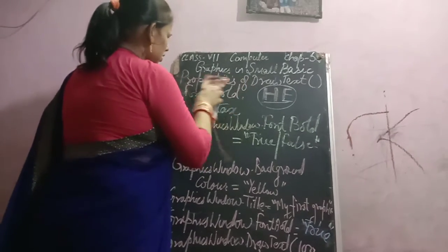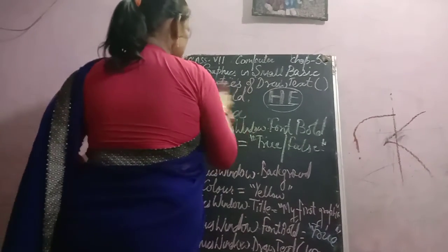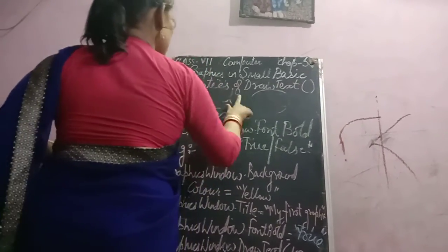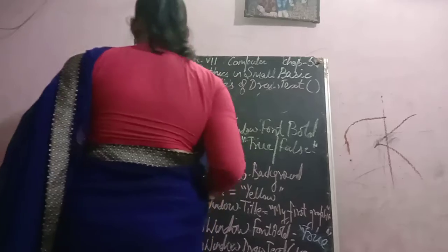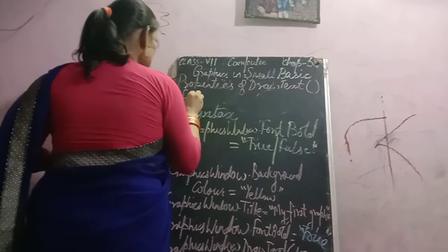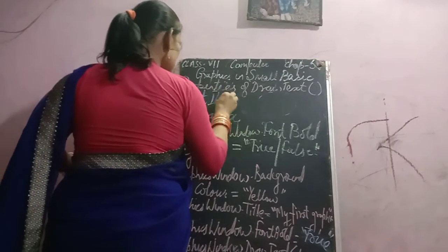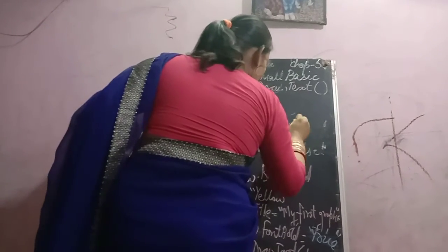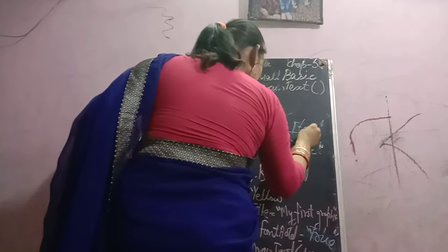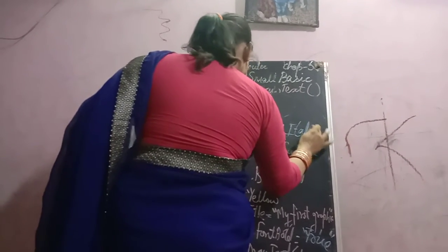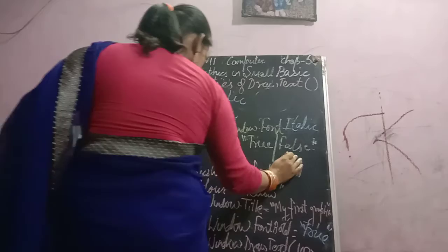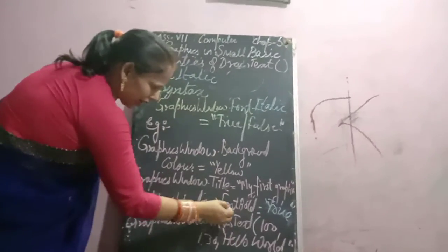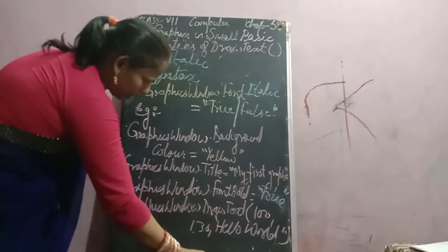Now the next command is font italic. In font italic, what we have to do is just change it to italic and the rest of the things will be as it is. Now here we can add one more line, font italic.